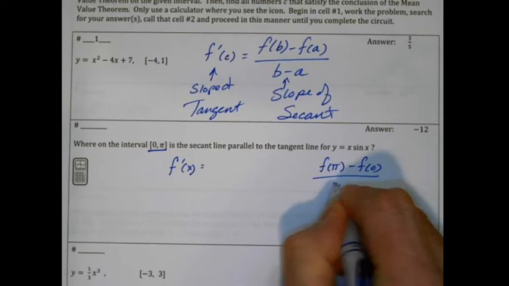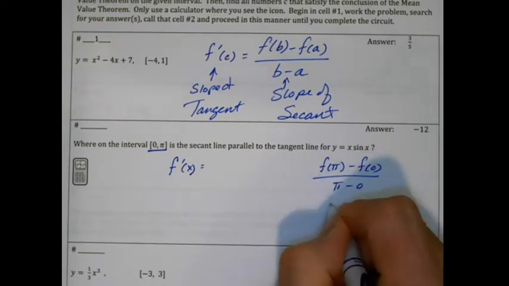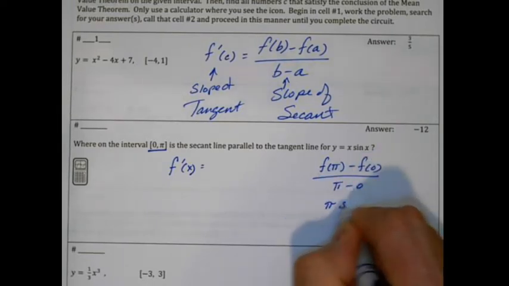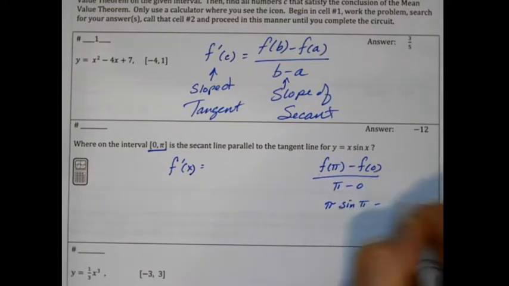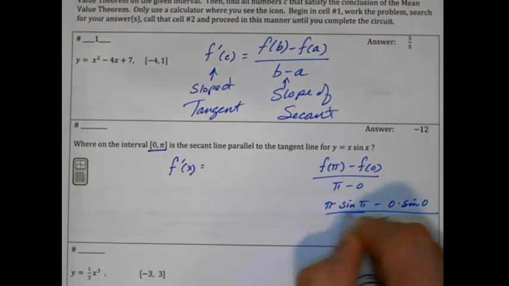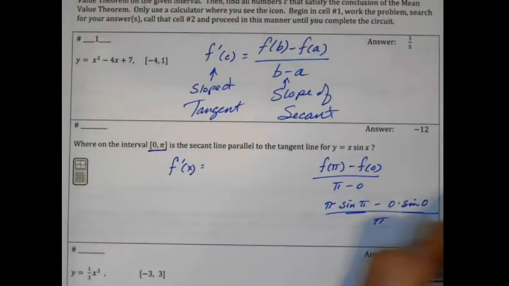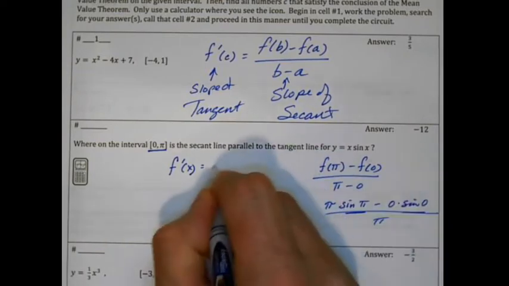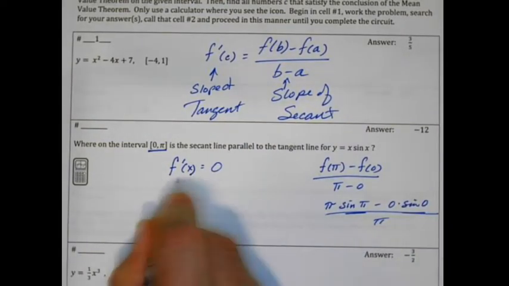Pi minus 0. So f of pi would be pi times sine of pi minus 0 times sine of 0, all over pi. Sine of pi is 0, so this goes towards 0. So we want this slope to be 0.